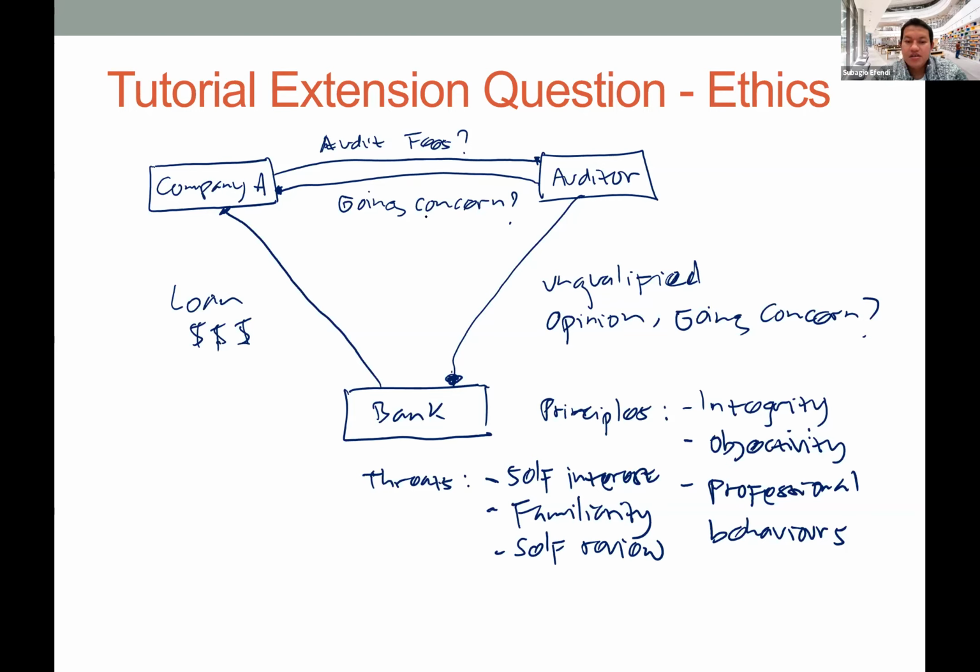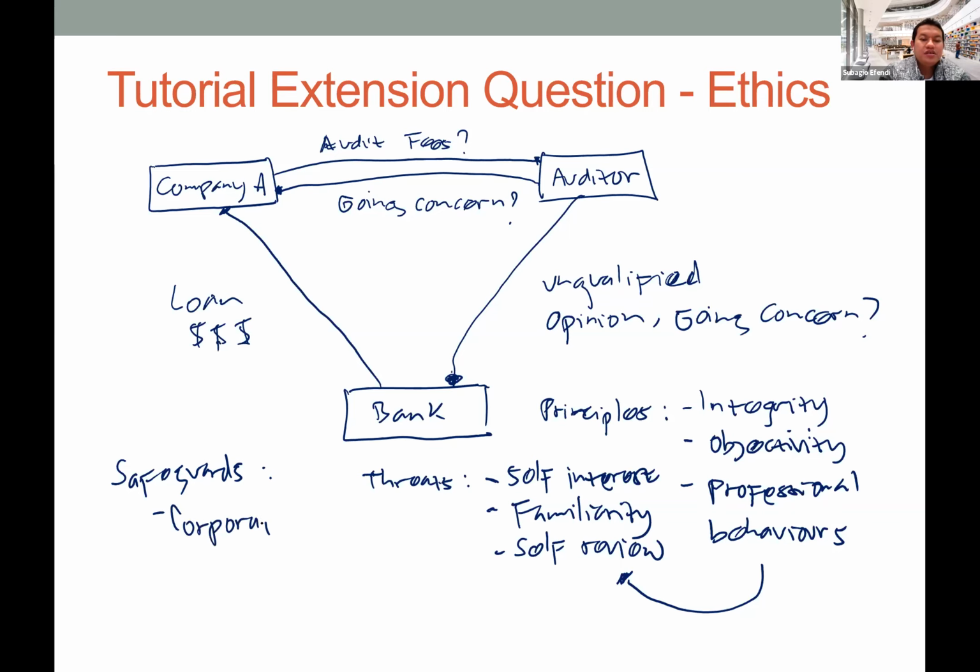And I think that's all. So we have principles and threats. And lastly, let's propose some safeguards. So what safeguards could be proposed in this case? I think corporate governance is the most important.